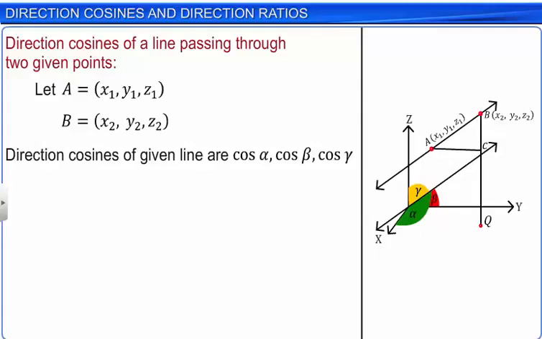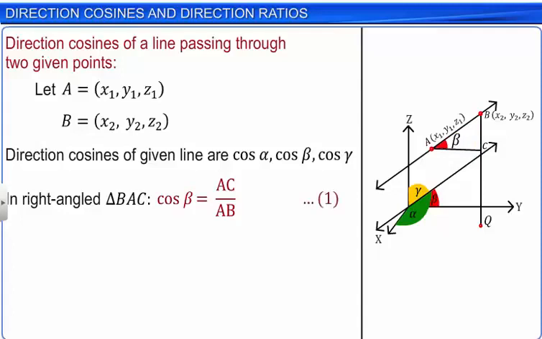From the two similar triangles shown in the figure, we find that angle BAC is equal to angle beta. In right-angled triangle BAC, cos beta is equal to AC upon AB. Let this be equation 1.